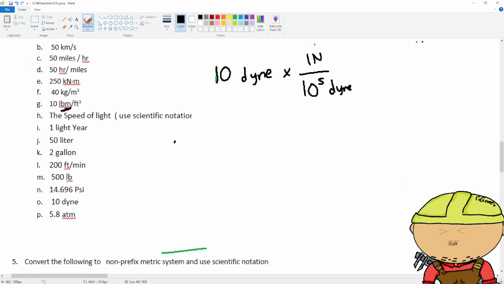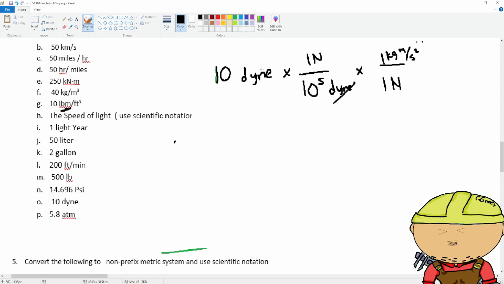Let me double check. Okay, 10 to the fifth dyne is 1 Newton. Then 1 Newton is equal to 1 kilogram meter per second squared.